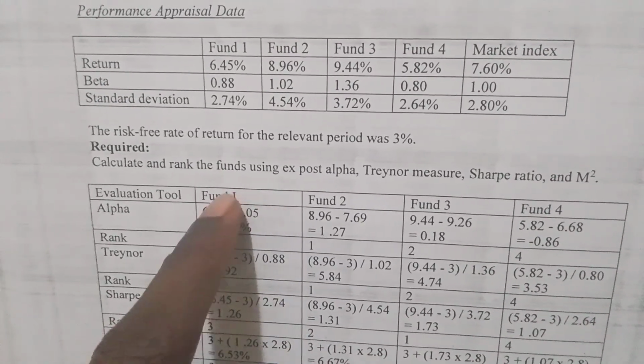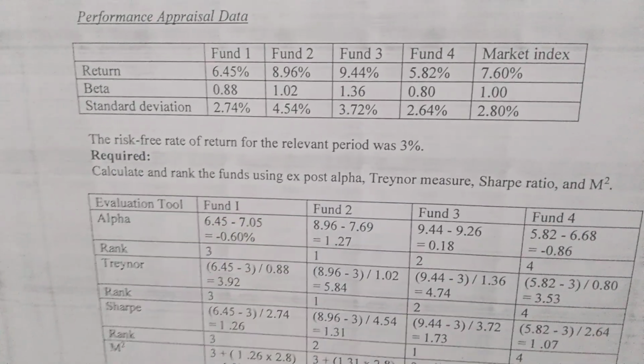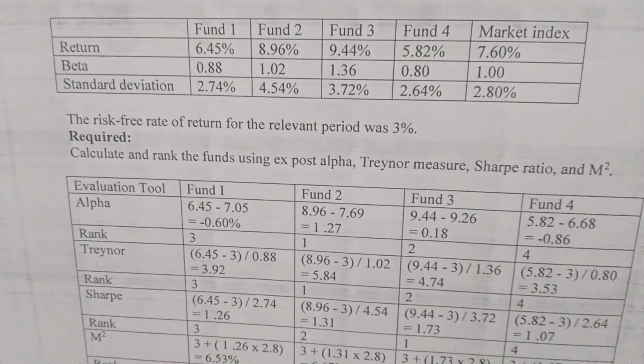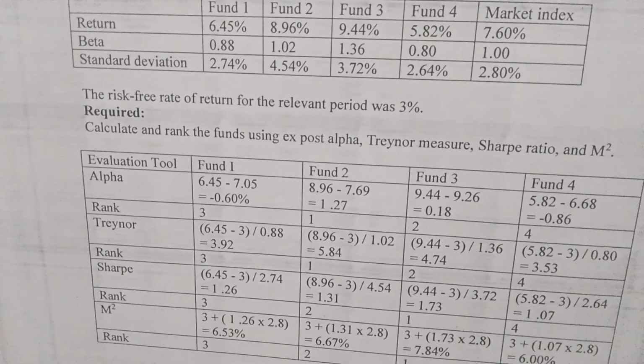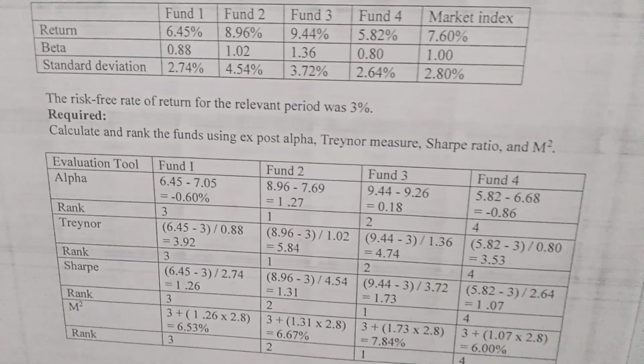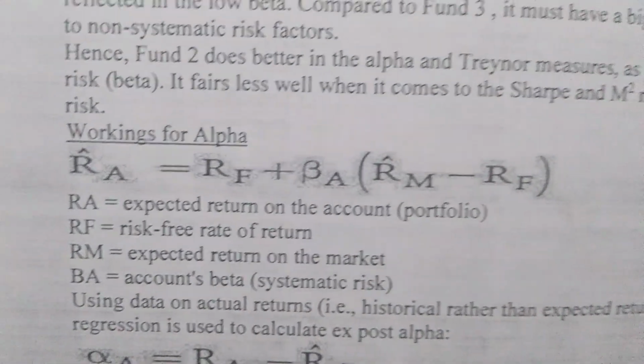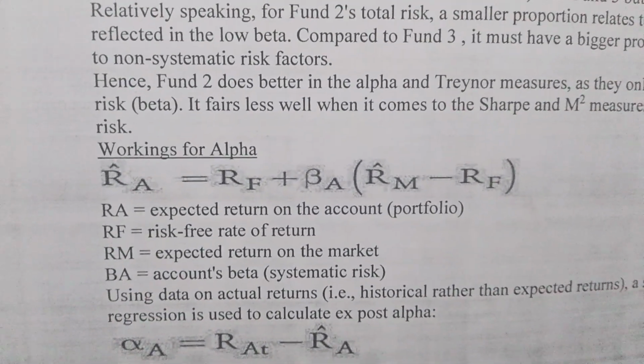The only difficult part is how to calculate the 7.05. Now, I want you to understand how to go about that. Just shift on to these explanations which we have given there.